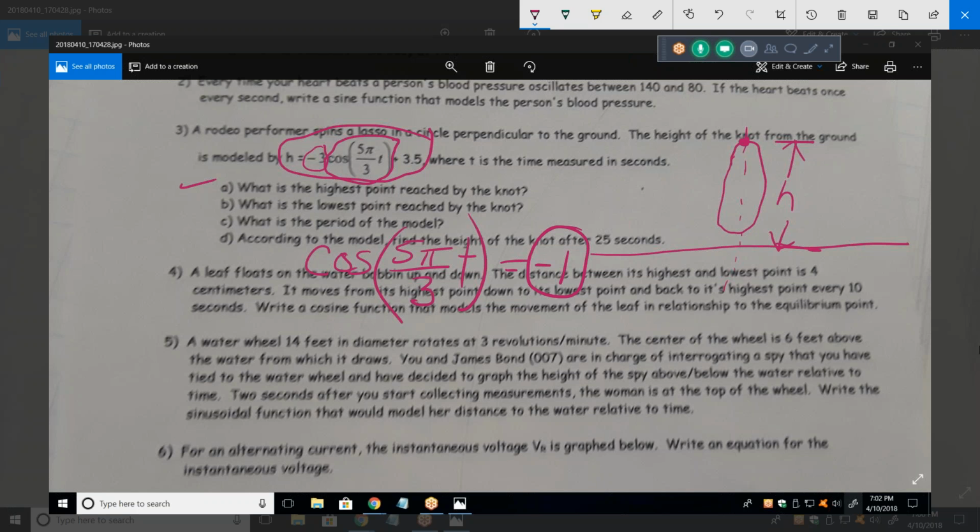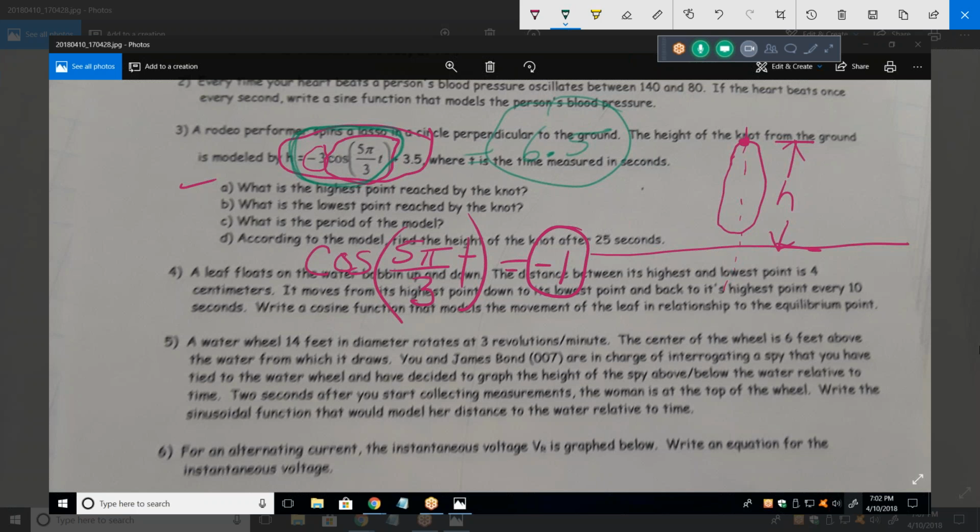Remember that cosine only goes from -1 to +1. So if I want this part of it to be a maximum, then I want cosine to be -1, because -1 times -3 is +3, and my height would be 6.5, which is the highest possible height for the knot.